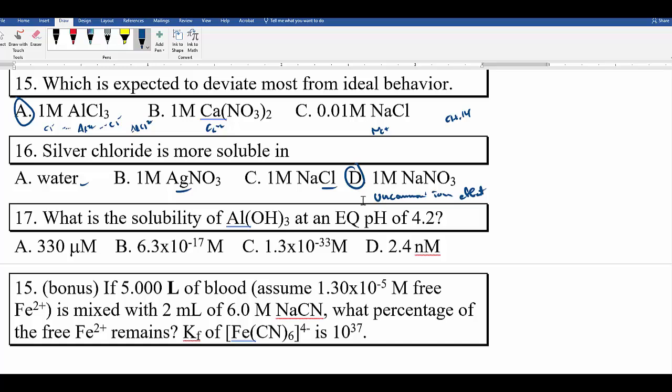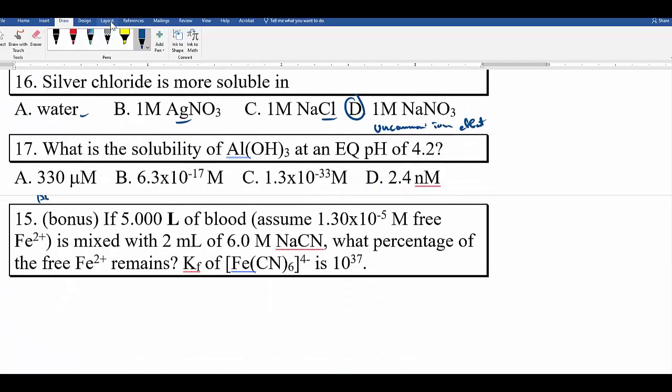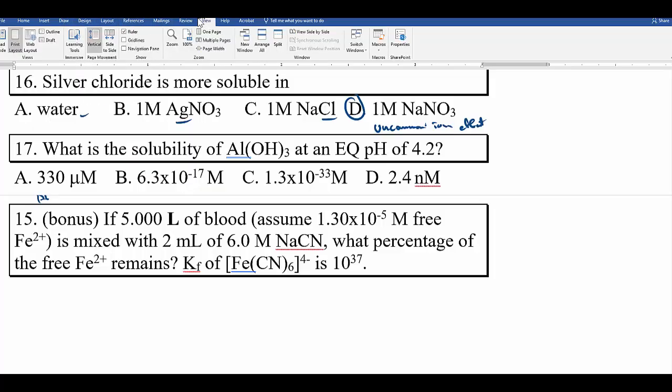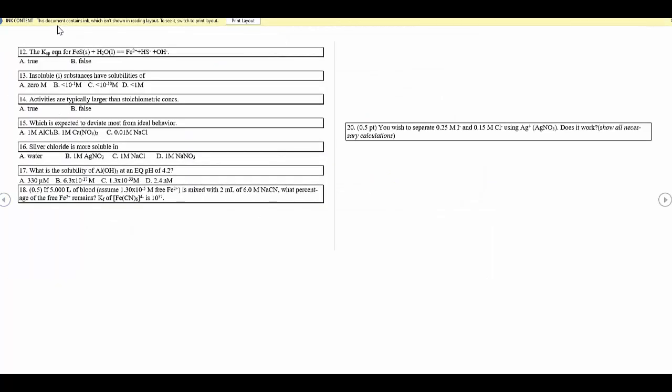All right, 17. What is the solubility of aluminum hydroxide at an equilibrium pH of 4.2? And so this one we could do here. Try to squeeze it in here.